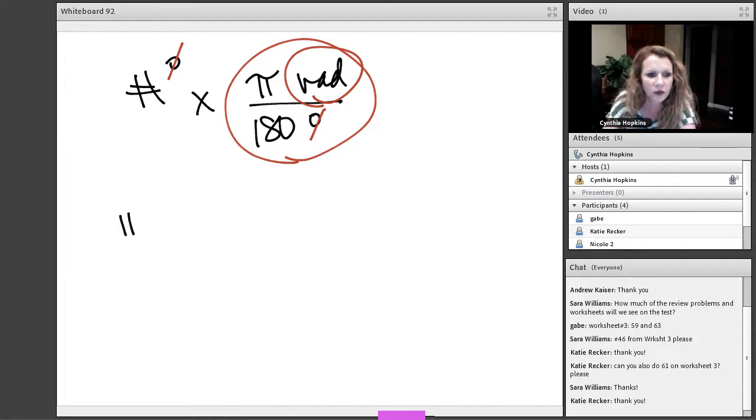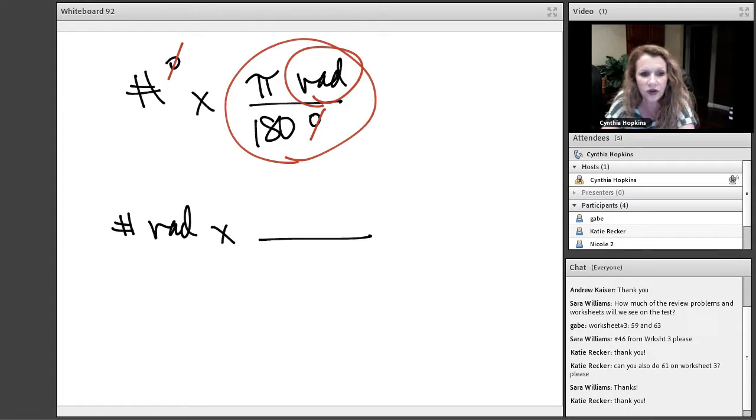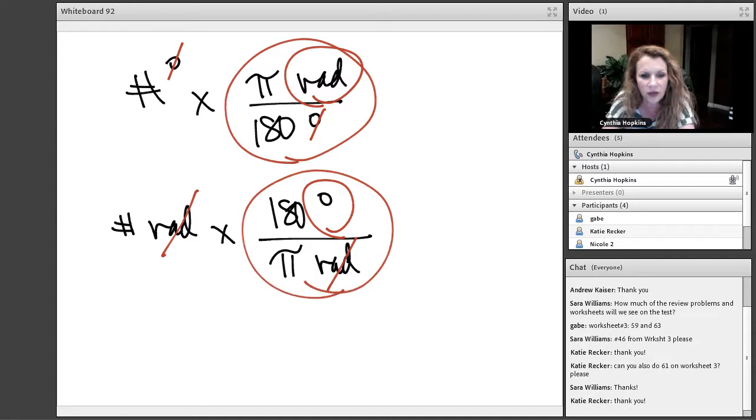Conversely, if I give you a number of radians, and it doesn't matter if it's the number 4 or something like 7 pi, if I ask you to convert it to degrees, then you want to get rid of radians and end up with degrees. So there are 180 degrees in pi radians. And now notice the radians cancel and you end up with degrees. So now this is your multiplier. So notice the difference, pi over 180 or 180 over pi.